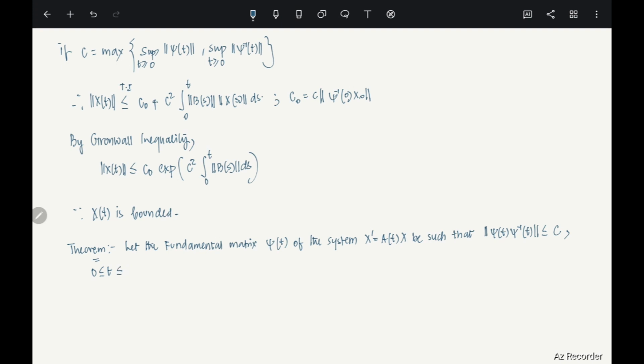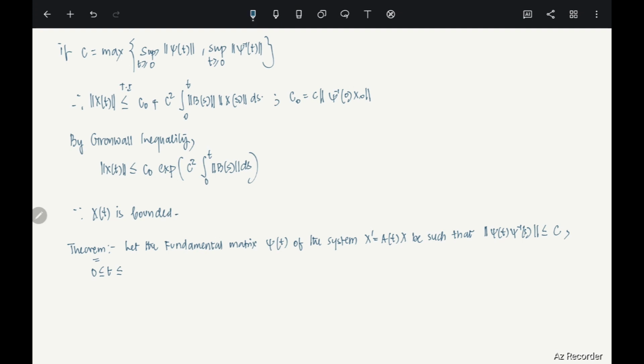Maybe I should change it to t and s. It is very easy to remember, and I will tell you why: this part is nothing but the inhomogeneous part of Duhamel's principle. That is why we remember this. So please keep that in mind.